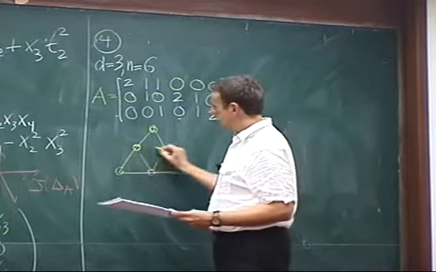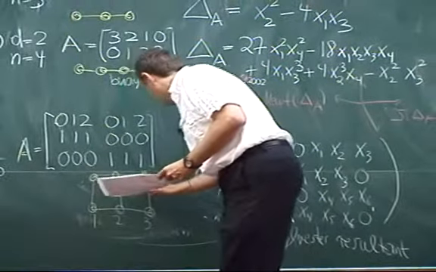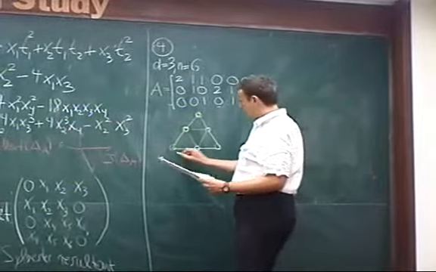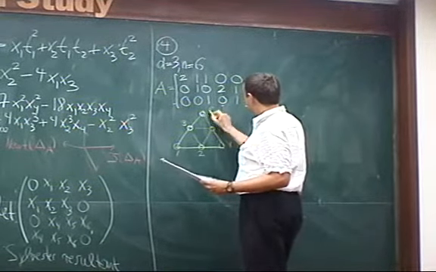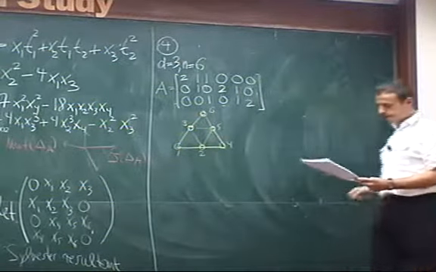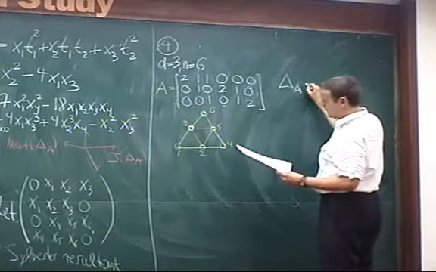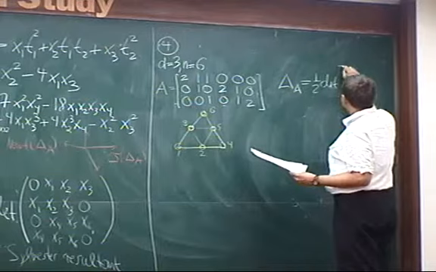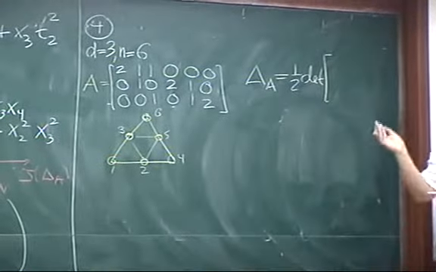I guess I should label these things. So here the labeling is 1, 2, 3, 4, 5, 6. Okay, so then it corresponds to this labeling. And here the labeling is 1, 2, 3, 4, 5, 6. Plot these columns. And in this case, delta A is equal to a half, well, one usually divides this by a half, so it's actually characteristic free.